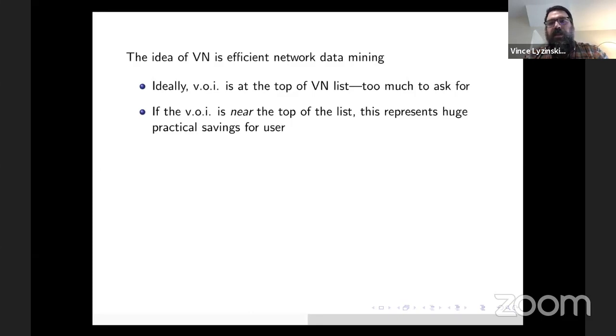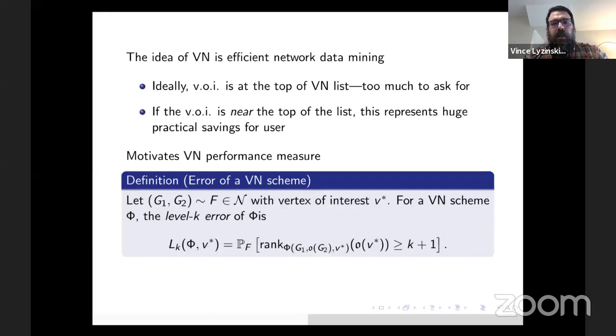And so this motivates the loss function that we consider in VN. The error of a vertex nomination scheme, the level K error, is the probability that the scheme ranks the vertex of interest in position K+1 or higher.